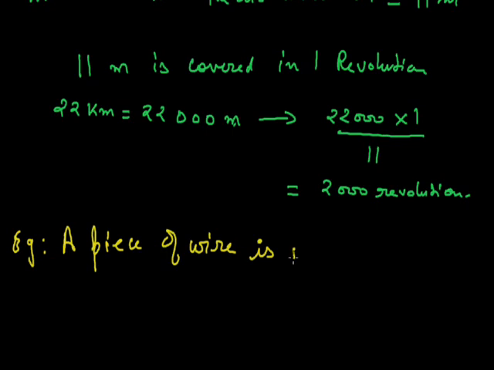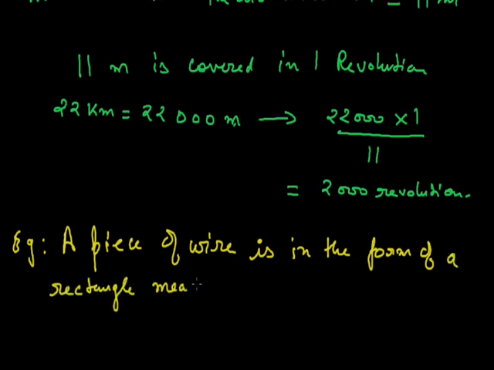Next example. A piece of wire is in the form of a rectangle, which is measuring 52 centimeter into 36 centimeter.